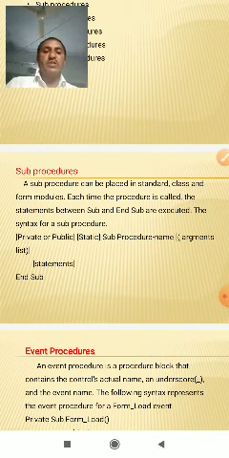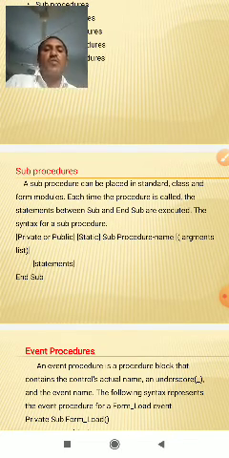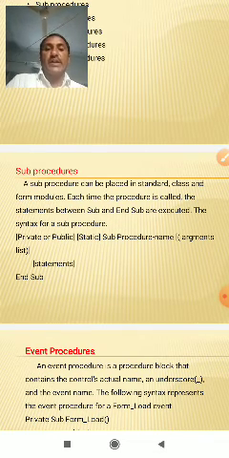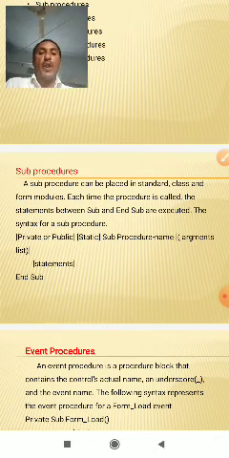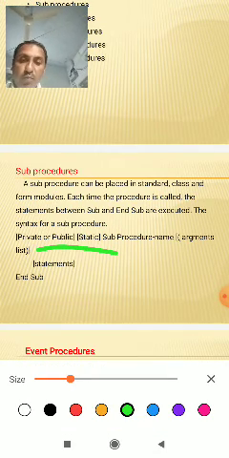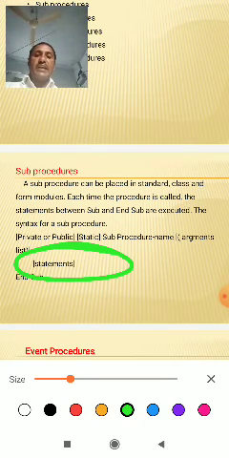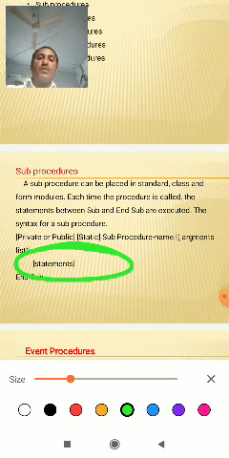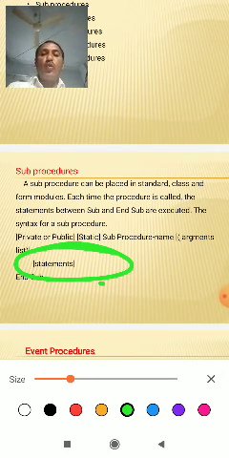Each time the procedure is called, the statements between Sub and End Sub are executed. You write the statements in the body of the program. Every statement goes in the body of this program, up to End Sub. The argument list gives the arguments.